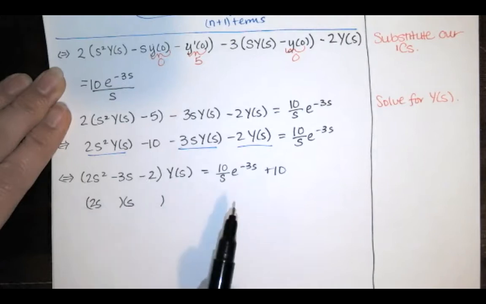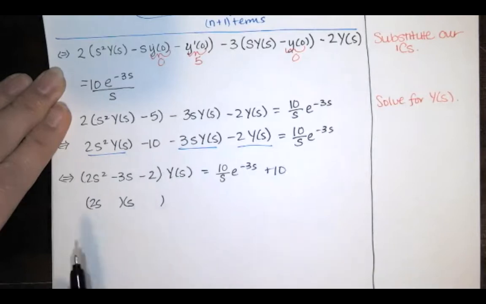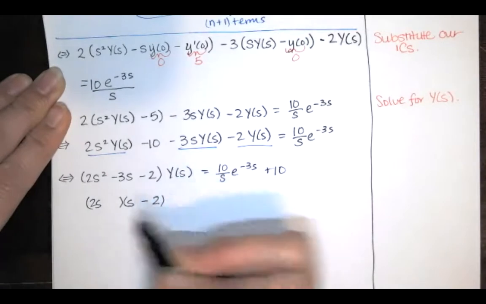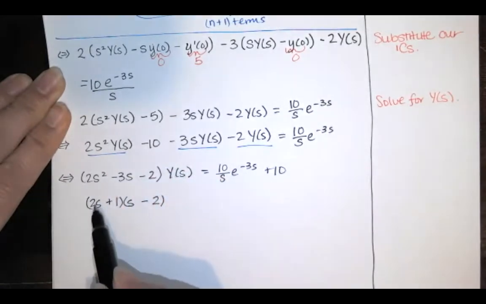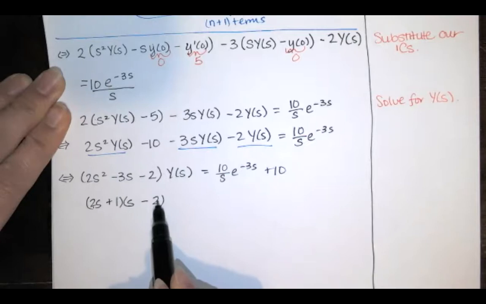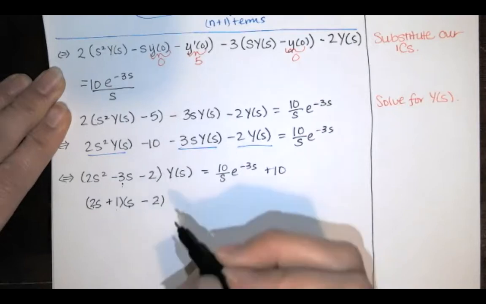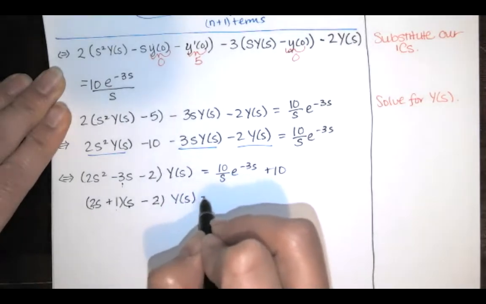So I'll have a negative 2 and a 1, or a negative 1 and a 2. And I need the sum of outer times outer and inner times inner to be negative 3s. I think I can make that happen if I put a negative 2 here and a 1 there, because 2s times negative 2 is going to be negative 4s, plus s is going to give me the negative 3s in the middle, and last times last is that. So we have this now.